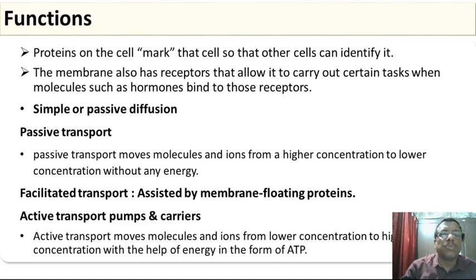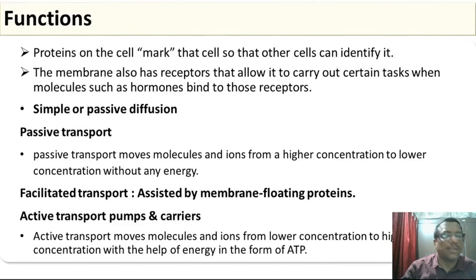And active transport means the movement of molecules or ions from the region of lower concentration to the region of higher concentration by spending some amount of energy, in the form of ATP. Here the plasma membrane utilizes energy in the form of ATP.